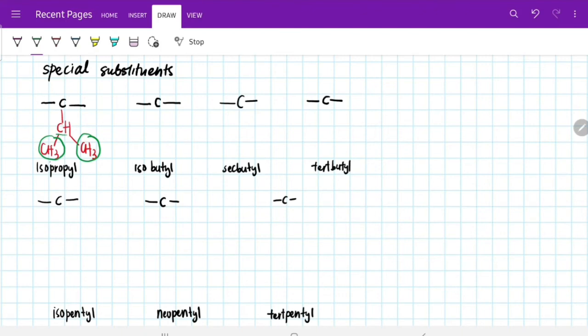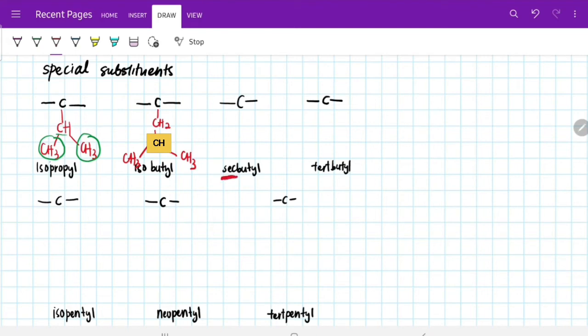If it's isobutyl, that means we need to have an extra carbon, which is your CH2, CH, and then we have CH3 and CH3. So 4 carbons make up your isobutyl. Secondary butyl means we have 4 carbons in the substituent, but it's secondary.